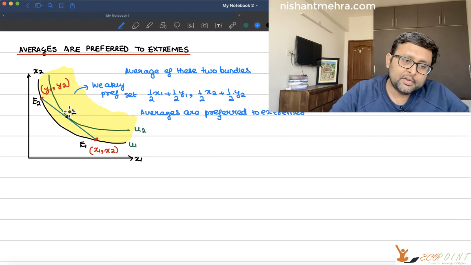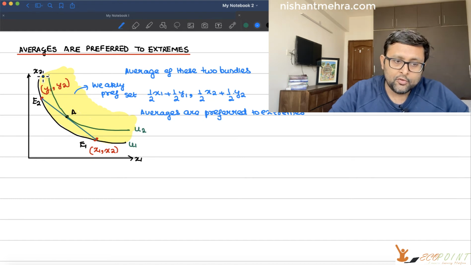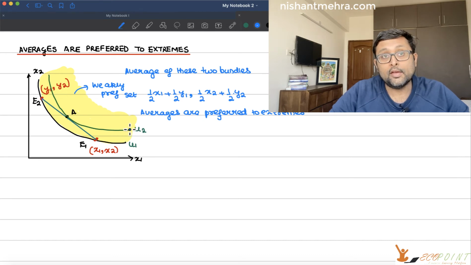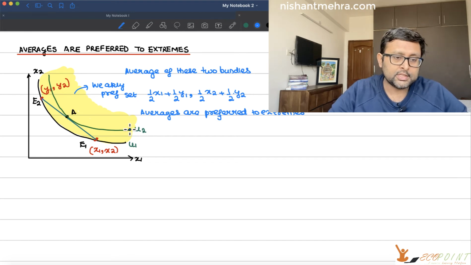If this is a weakly preferred set, what is the property of this set? If you have convex preferences like this, when averages are preferred to extremes, then you generate what we call convex preferences. The weakly preferred set is going to be a convex set.